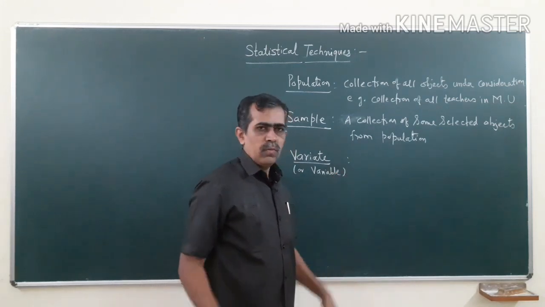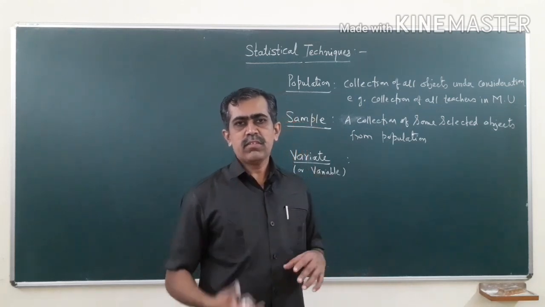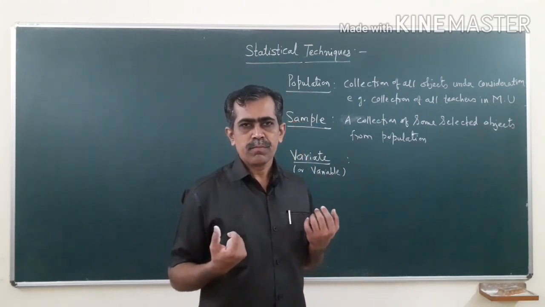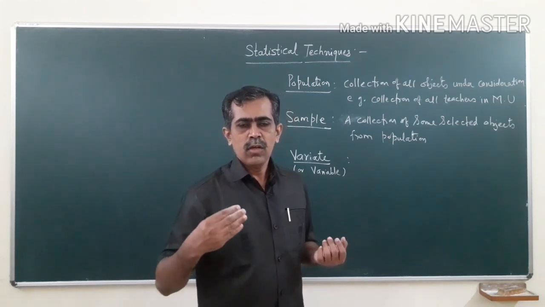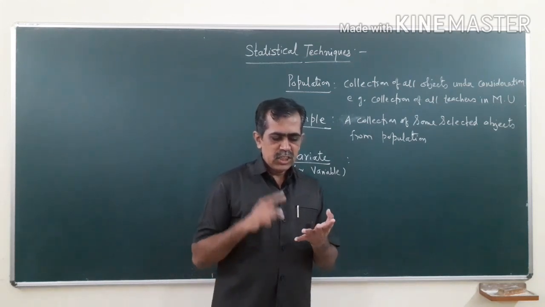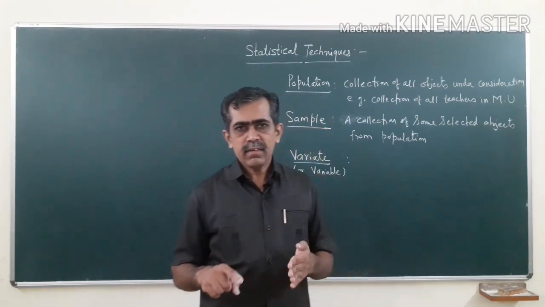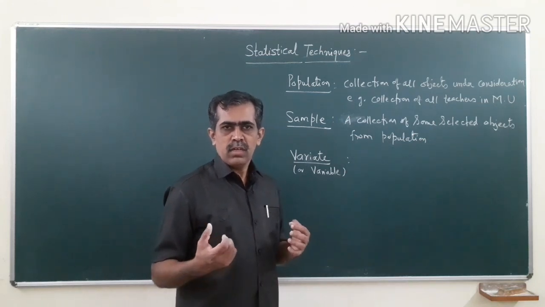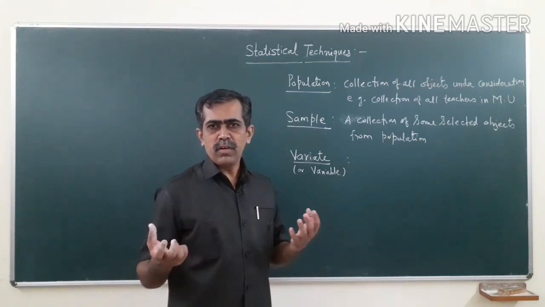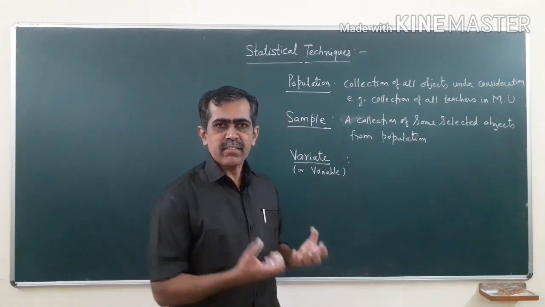Or suppose I want to study the average age of first year students. The age of each student will be different. So age, marks, height, or say income, expenditure, production, or number of births, or number of accidents.